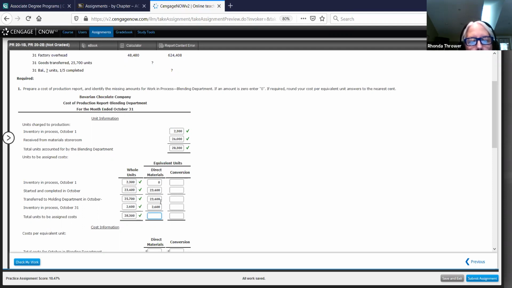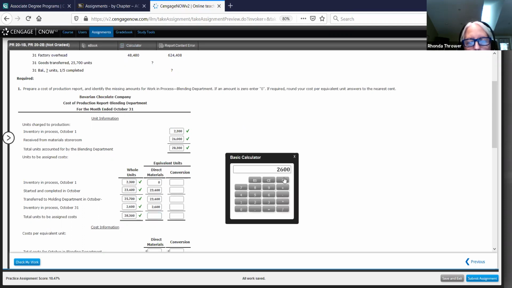So what we're left with is combining the materials that we transferred plus what we have in ending inventory, which will give us the total amount of our equivalent units for materials.